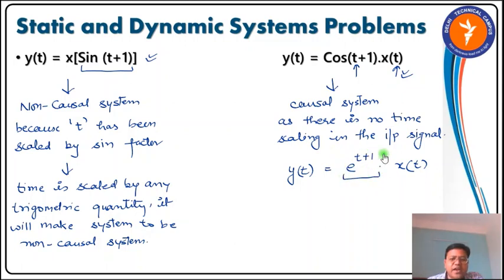In fact, it is acting as a scalar quantity which is scaling the input signal, and the input signal time is not scaled or shifted. So we will say this system is also a causal system.